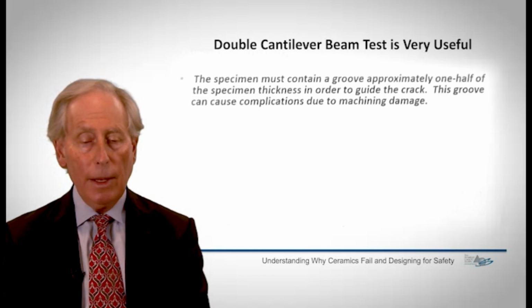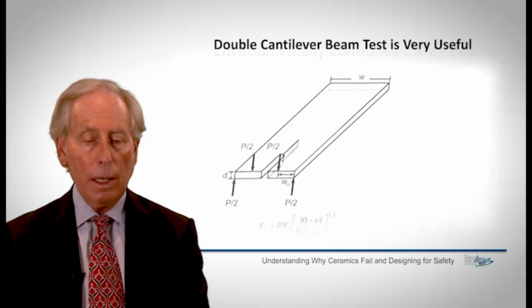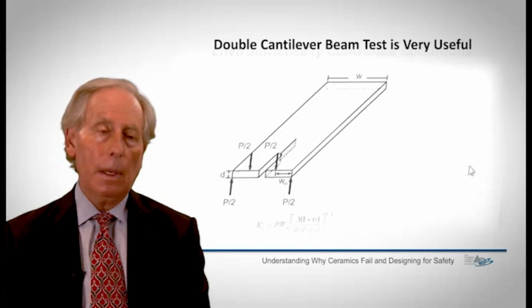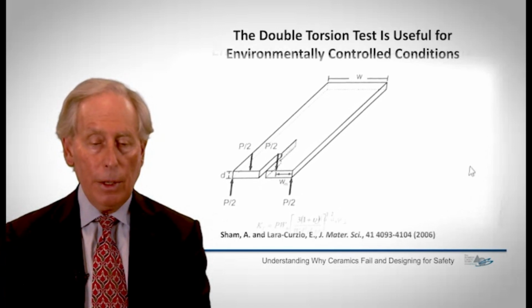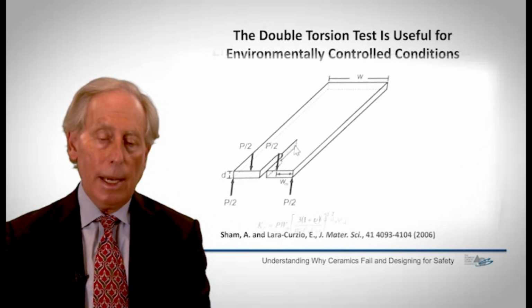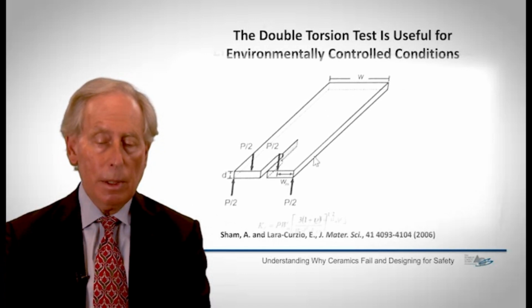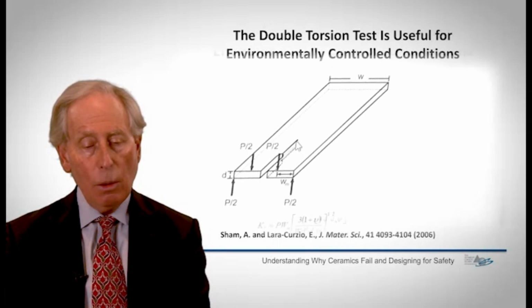So let's move on then to other kinds of tests that maybe are a little easier, particularly if really what we want is other kinds of data. Now here's an interesting test that we used for a number of years because, again, like the applied moment test, the crack will grow slowly down the center of the specimen. As it turns out, in the double torsion specimen, I don't need a groove.